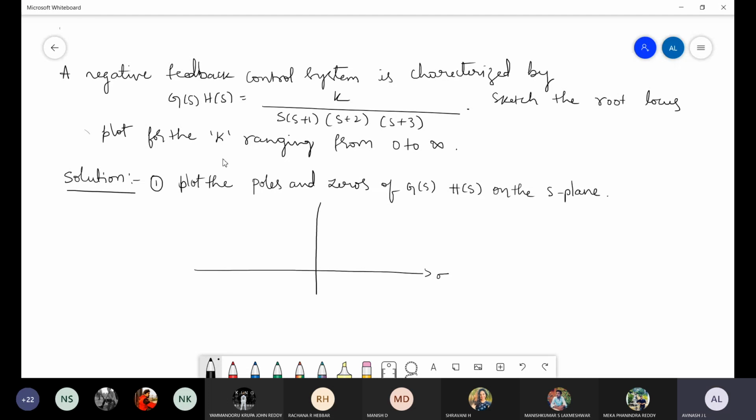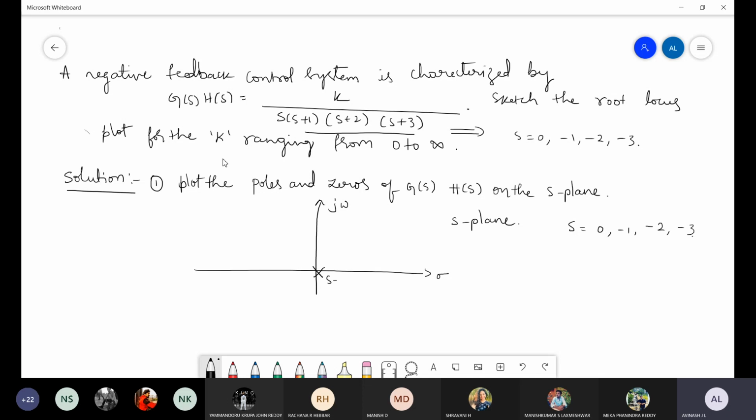It will be sigma and j omega, and this is called the s plane. Here it is the origin. What are the values of s? s equal to 0, minus 1, minus 2, minus 3, because in this equation if you take the roots, it implies s equal to 0, minus 1, minus 2, minus 3.